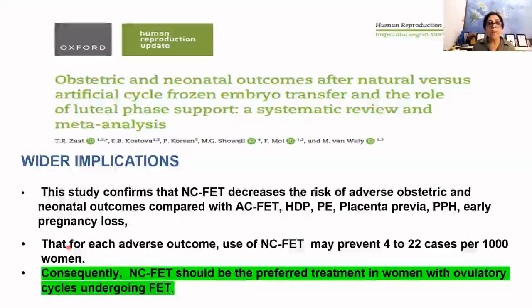And they concluded that for each adverse outcome, the use of a natural cycle FET may prevent 4 to 22 cases per 1,000 women. So this was in 2023, but one should keep in mind, there have been no RCTs till then.